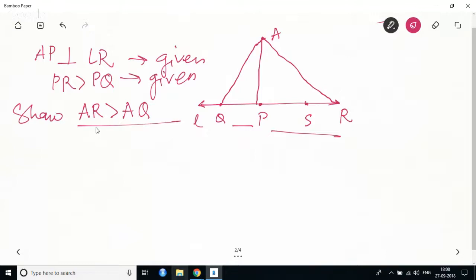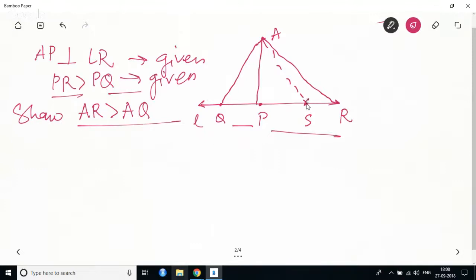So look at here. I will draw a line AS. Now, why am I drawing this line AS? Because it has been given to me that PR is greater than PQ.